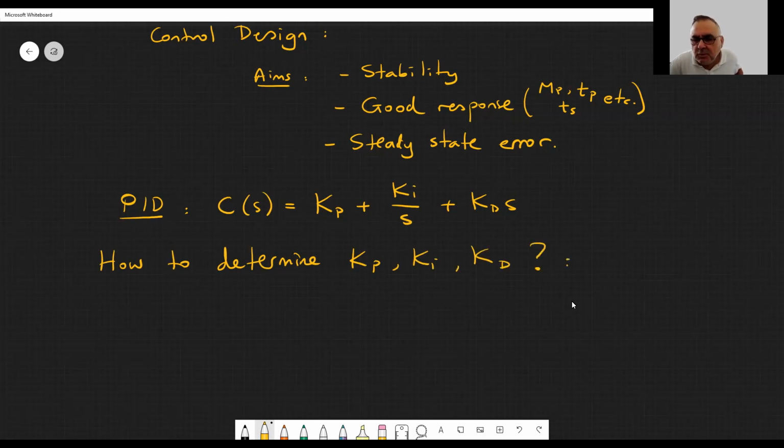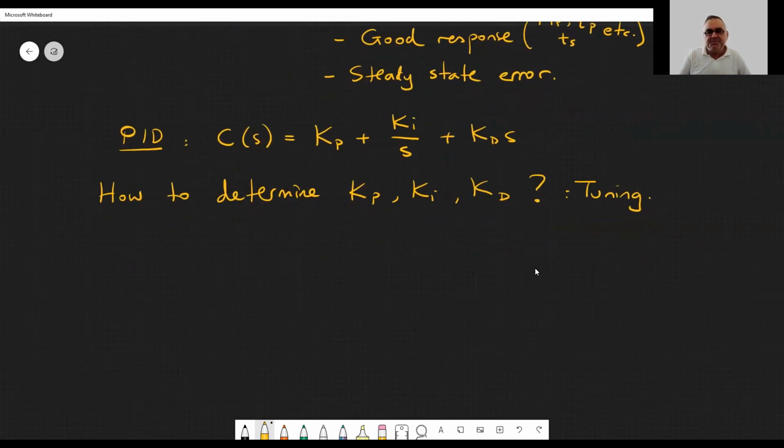This problem is called the tuning problem. That is controller tuning: how to determine the parameters for a specific system. If you have a specific closed loop system, how do you determine those parameters? Depending on the system you have at hand, these parameters are going to change.